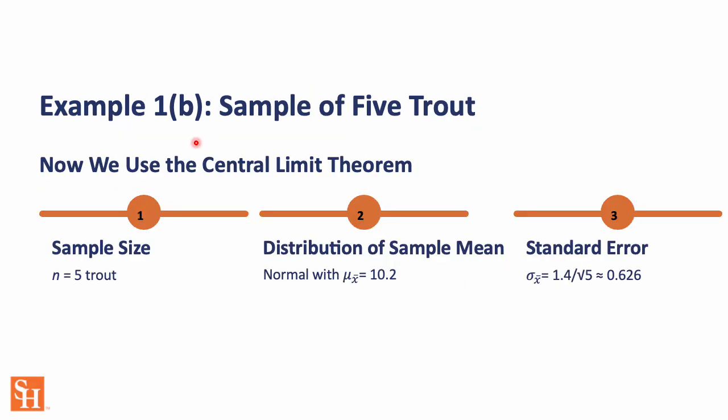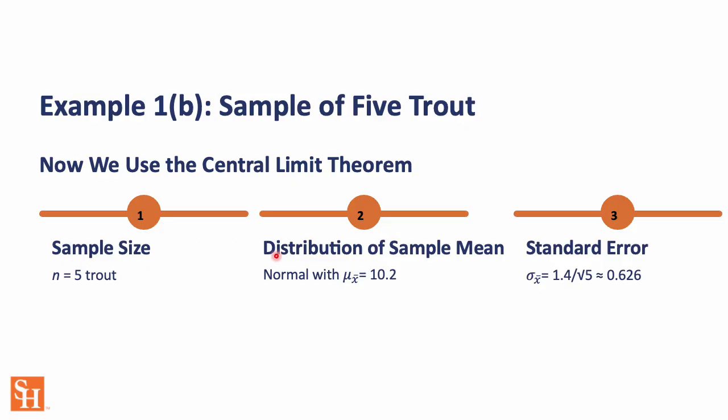We have already discussed how we can calculate probability for an individual observation. Now we will see how we can calculate the probability for the sample mean. In our case, what is the sample size? The sample size is 5. We were interested to know the length of 5 trout, right?